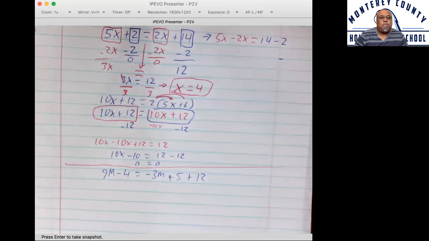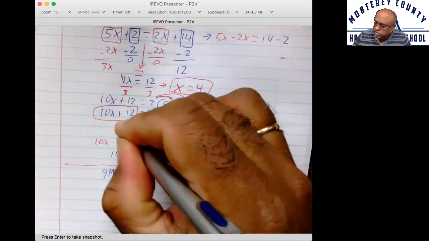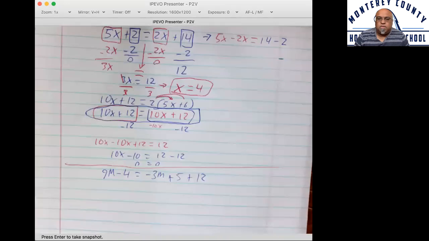Whatever value I put in for x, it's going to make a true statement, but at this point, both sides are already equal, so I don't have to simplify any more than this step right here. Because it's identity numbers, no matter what value I put for x, it's always going to be true. Why?